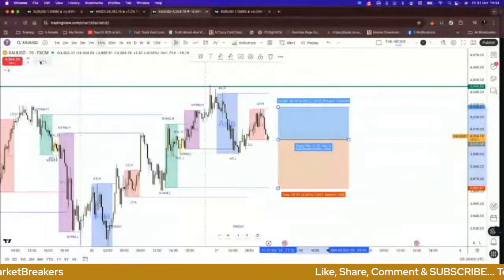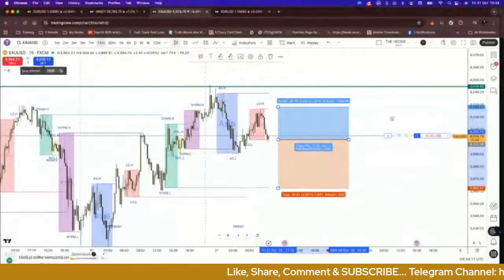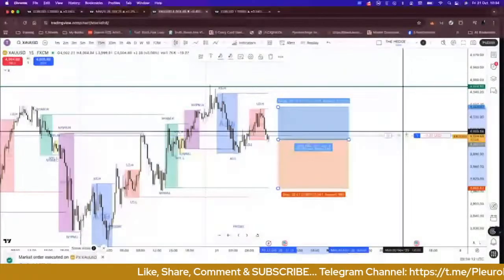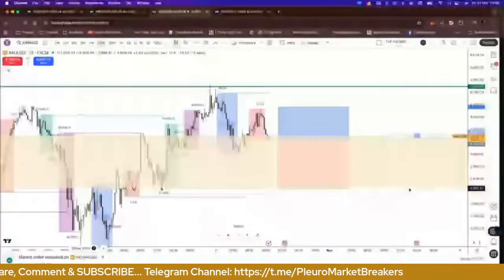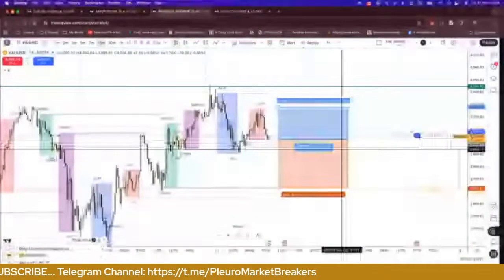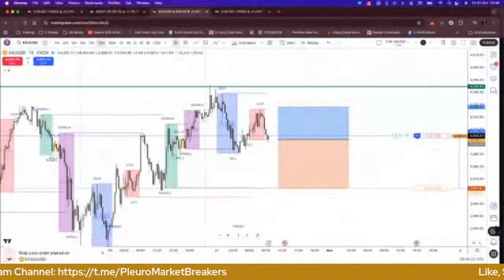Buy. Okay. Stop loss here. I think I can certainly go up from 1.